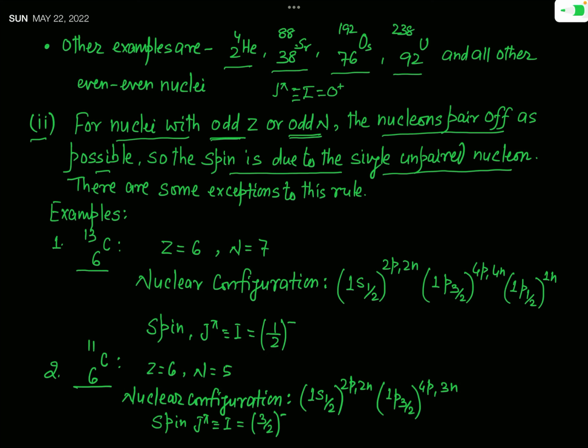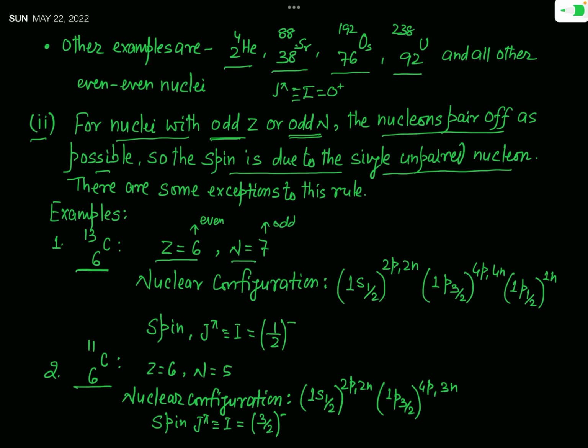I have taken here the first example of the nucleus 6C13. You can see in 6C13, Z is 6, which is an even number. It means in this nucleus Z is even, but N will be 7, because 6 plus 7 is 13. So this is odd.